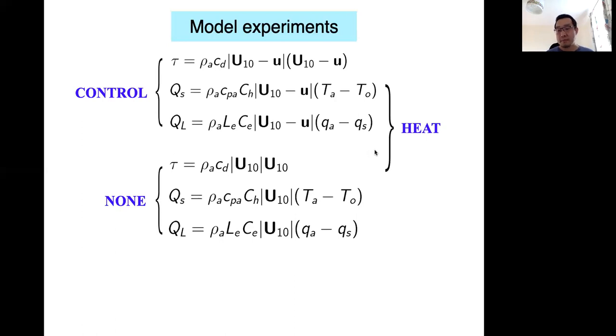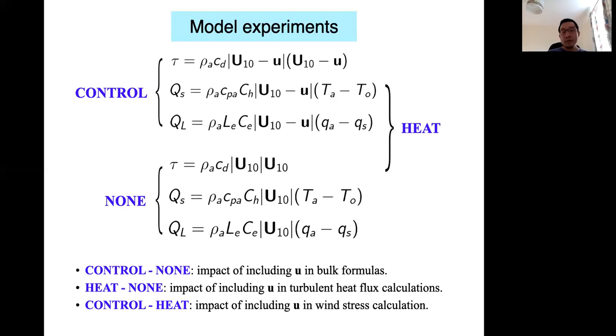So the purpose of this experiment is to help explain the difference between those 2 experiments, between control and none. Then we can take the difference between the 3 experiments to look at the impact of including ocean surface currents in the bulk formulas.